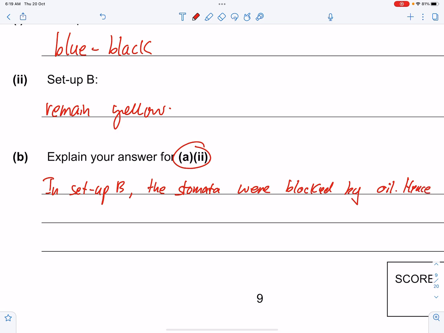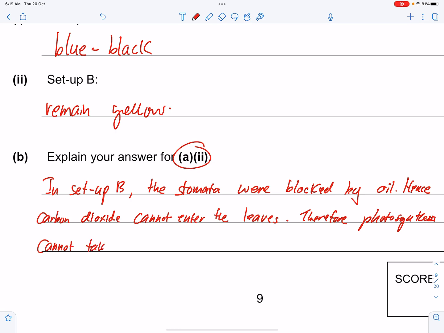Hence, carbon dioxide cannot enter the leaves. Hence, therefore, okay, we change a bit. Photosynthesis cannot take place.